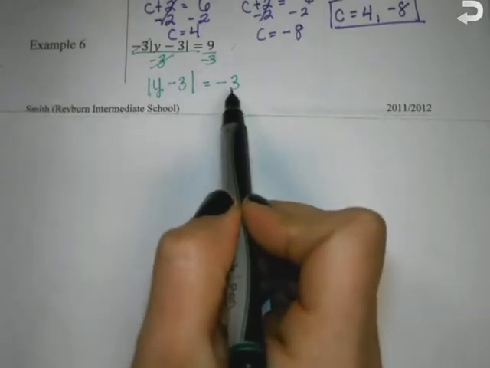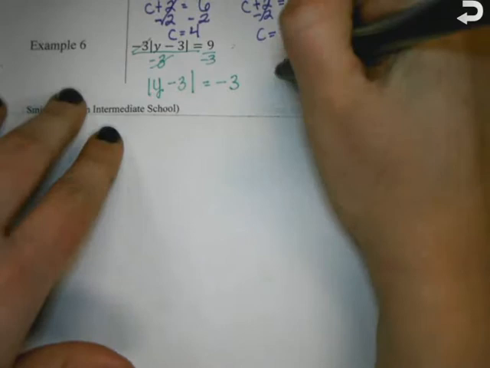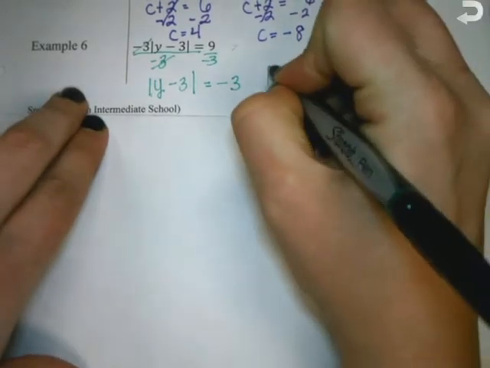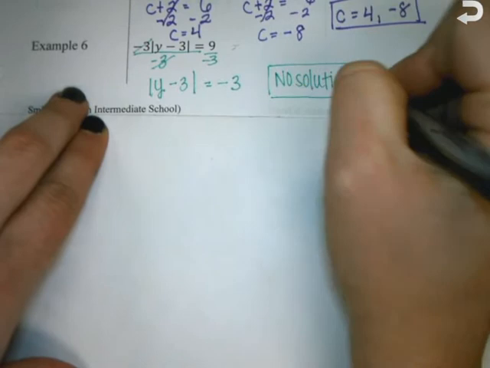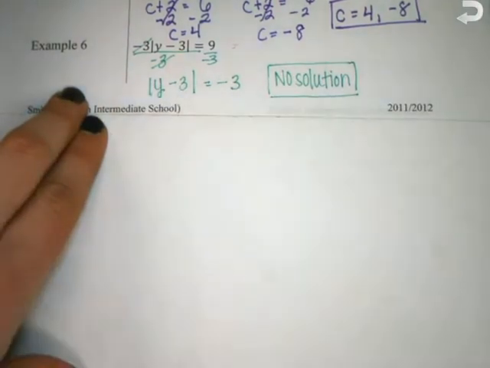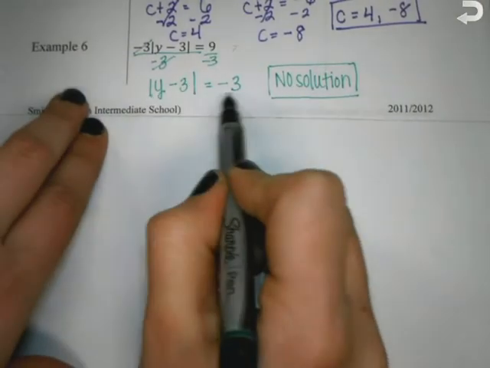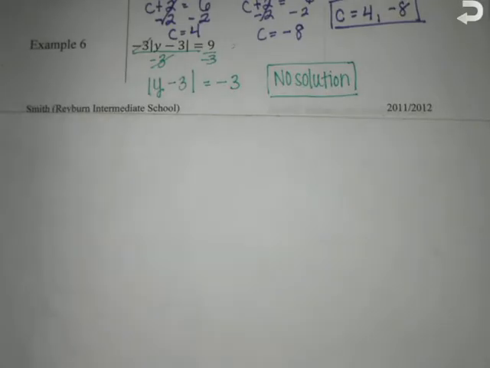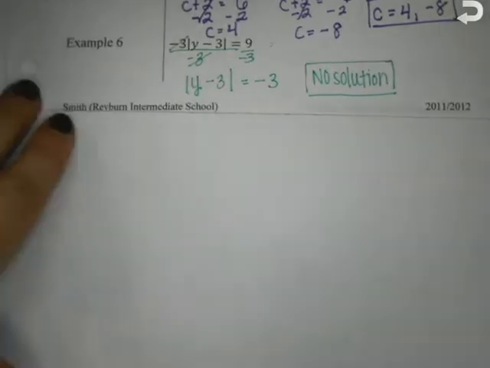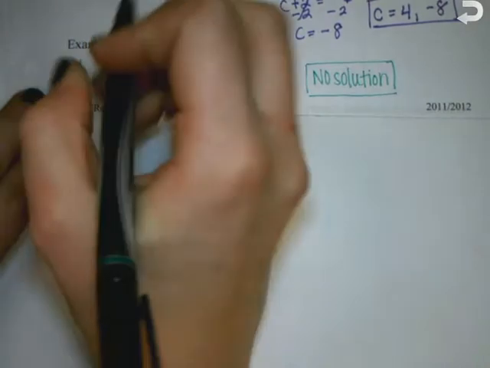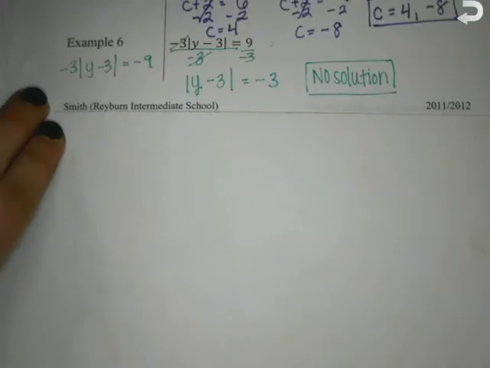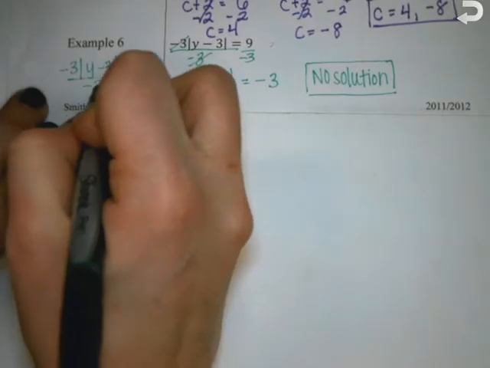Inside the absolute value, a negative is okay. It's if the whole thing is equal to a negative. And it's only after you get the absolute value by itself. Because what if I had the exact same thing equal to negative 9? After I divide both sides by negative 3, it makes it positive 9, right? So it would be okay. So get the absolute value by itself first, and then if it's equal to a negative, no solution. You can stop. Okay?